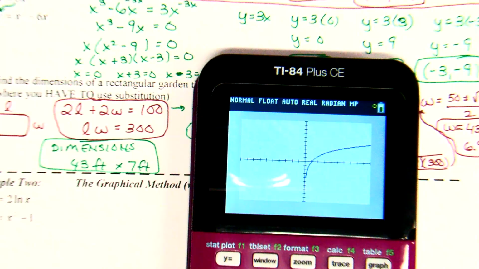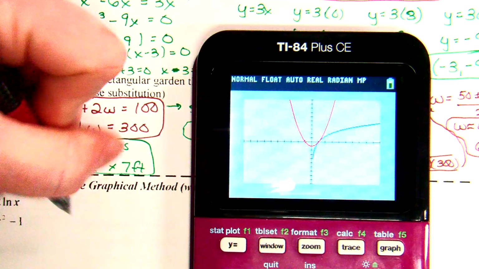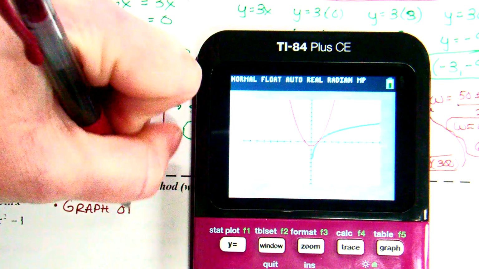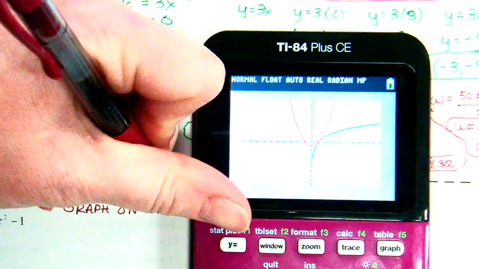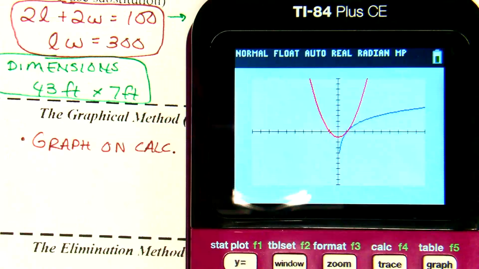We can use intersect here, but even before we intersect, would it be helpful to zoom in and see what's going on? Maybe you can tell, but in the back of my mind, I'm questioning: does that just cross once and they're tangent to each other, or are they crossing twice? That's kind of my question. So I would zoom of some sort. If you do a zoom in, or I like Z-box on this one, because then I can zoom in and look at, and my box is going to be a little bit bigger than I need, but I want to see what's going on here.